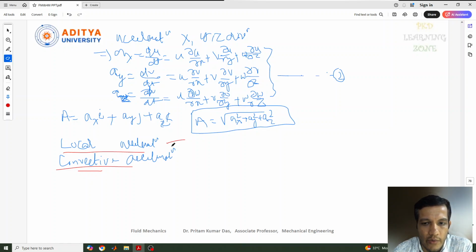And convective acceleration we can define as the change of velocity due to the change of position of fluid particles in the fluid flow. So there are two different terms, local acceleration and convective acceleration.